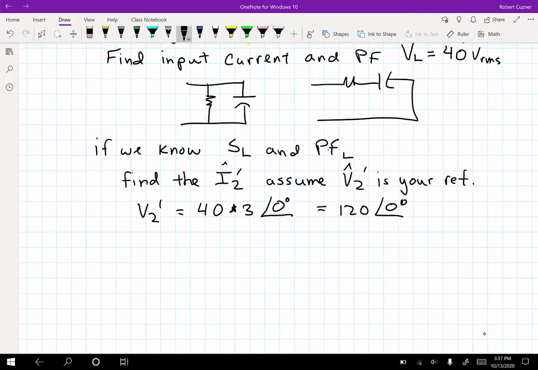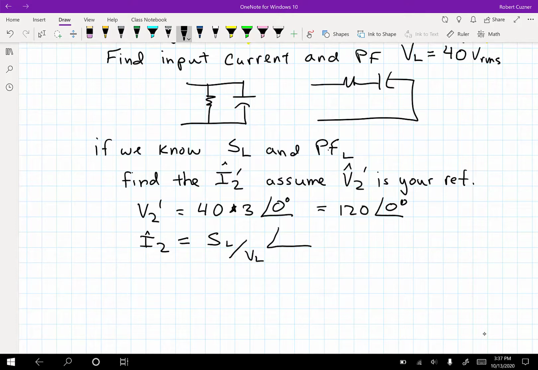The other thing that we would need to do here is to find the load current, which we could. In fact, we could find the whole load current phasor. So load current phasor would be S of the load divided by the V of the load at the power factor angle.